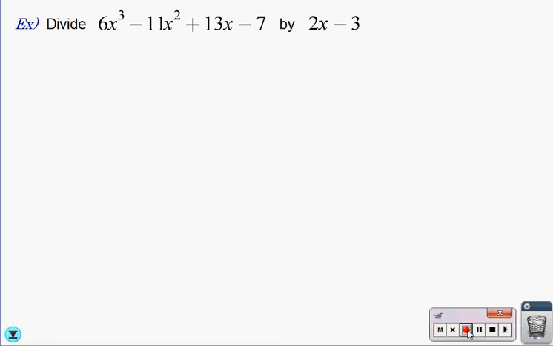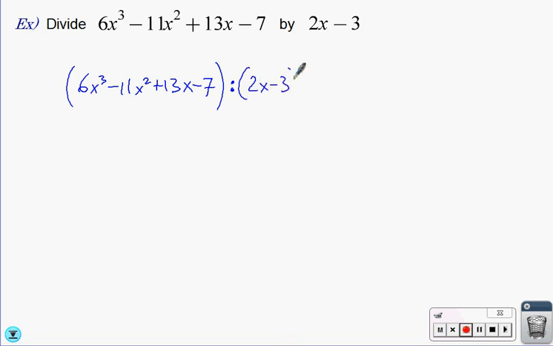So now, let's start. Firstly, we write this polynomial in there. Same again, 6x cubed minus 11x squared plus 13x minus 7 will be divided by 2x minus 3. So it's all about the biggest term.